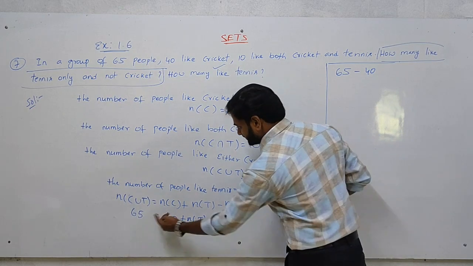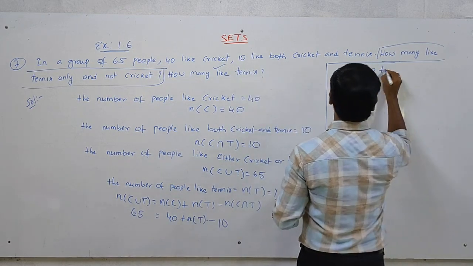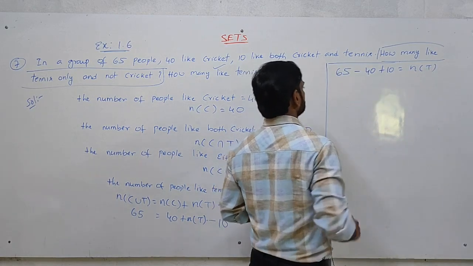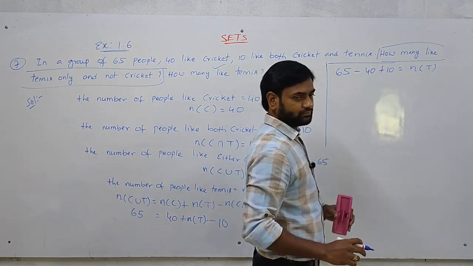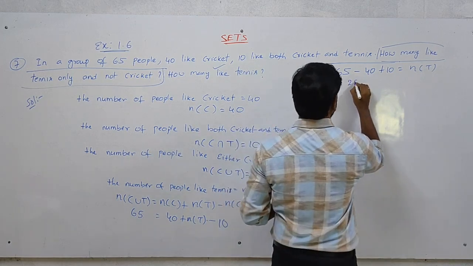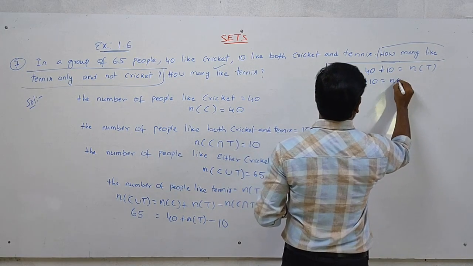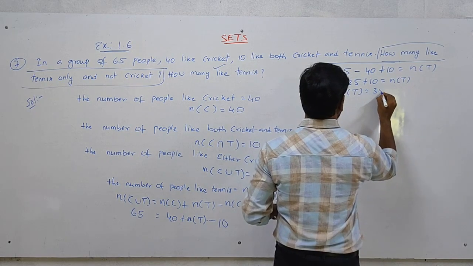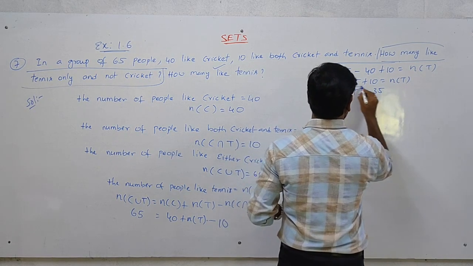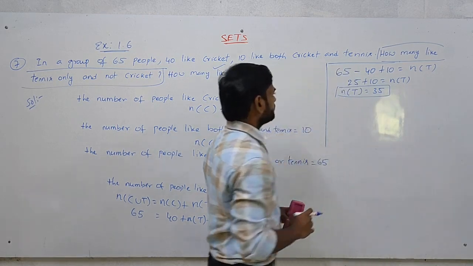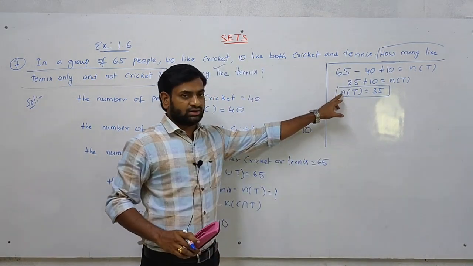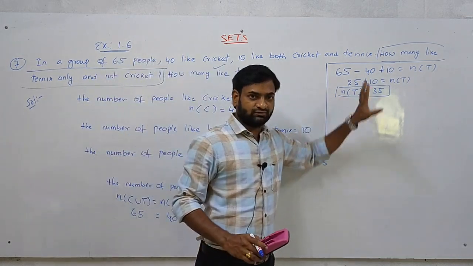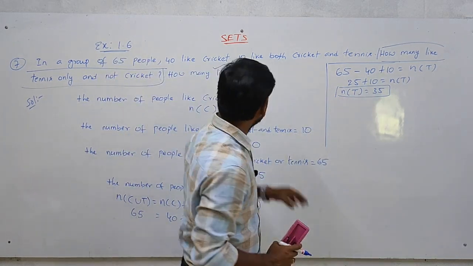Send minus 10 to this side, it is plus 10, which is equal to n of T. So 65 minus 40, 25, plus 10 equals n of T. So n of T equals 25 plus 10, which is 35. So the number of people who like tennis, how many? 35. This is clear. This one is completed.